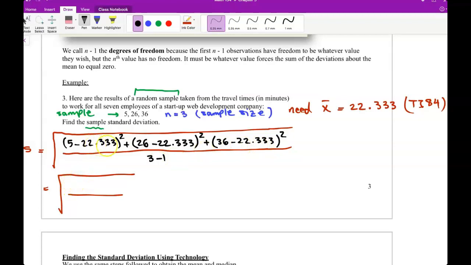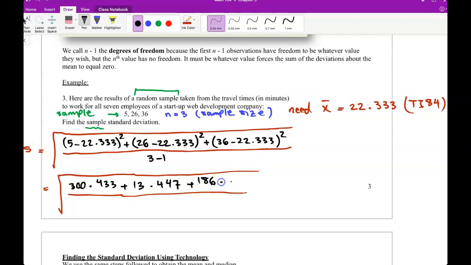Okay, I'm gonna write first each one and then add. This part is 300.433 plus 13.447 plus 186.787, divided by 2, because we have 3 minus 1, sample size minus 1.